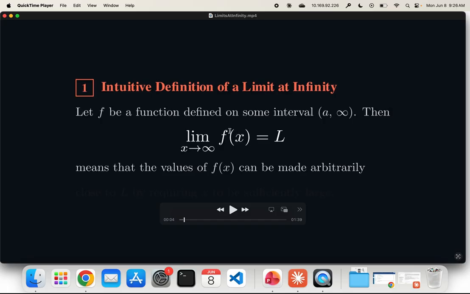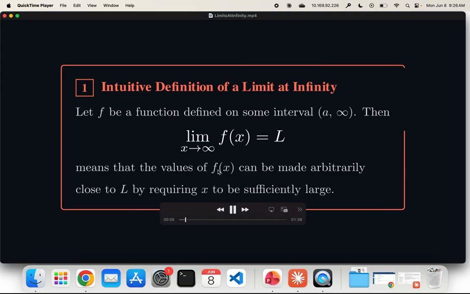What happens to the function? If the limit of that function approaches a number L, then we want to explain geometrically or graphically what it means for a function to approach a particular number L.